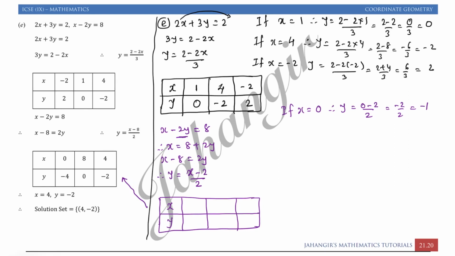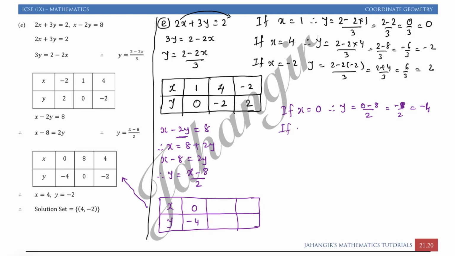Oh sorry, I did wrong. I had taken wrong values. Sorry, my mistake. It's x minus 8. So it is minus 8. Minus 8 by 2 is minus 4. So if x is 0, y is minus 4.